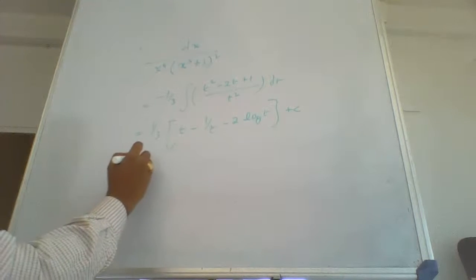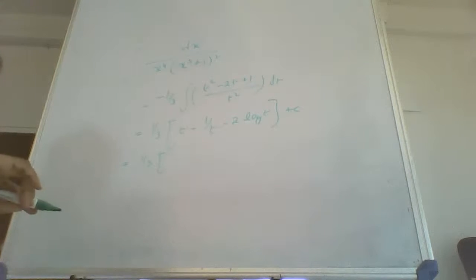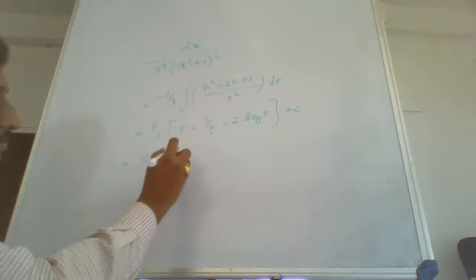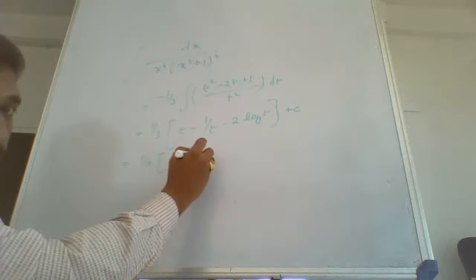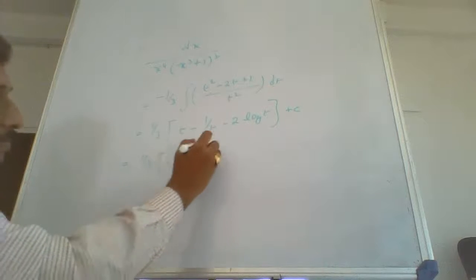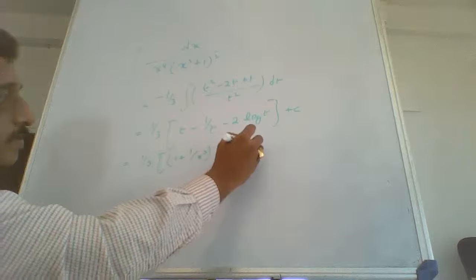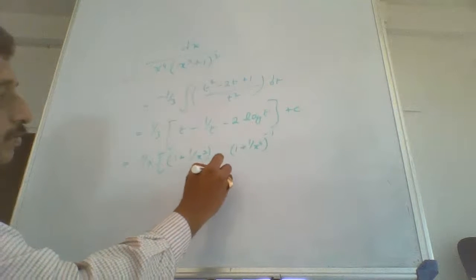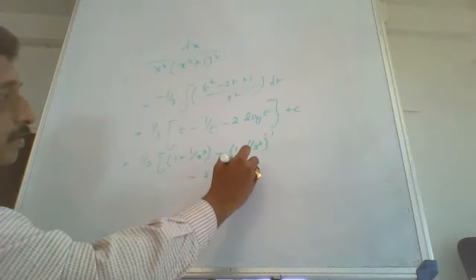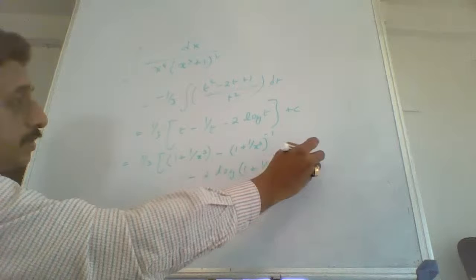So that is 1 by 3, t being 1 plus 1 by x cube, minus (1 plus 1 by x cube) power minus 1, minus 2 log of (1 plus 1 by x cube), plus c.